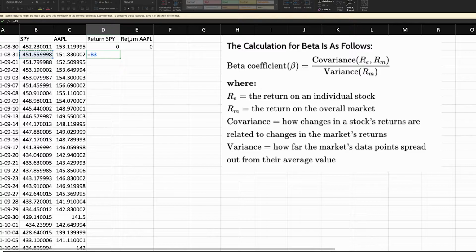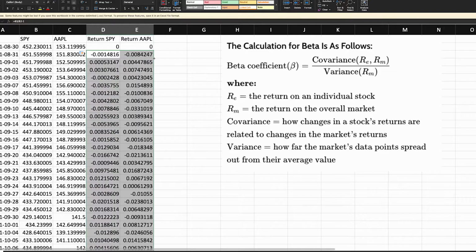For the SPY, we have B3 divided by B2 minus 1. And for Apple, we have C3 divided by C2 minus 1. These are the daily return data for SPY and the Apple stock. Let's drag them down. So now we have the daily return data for these two stocks.